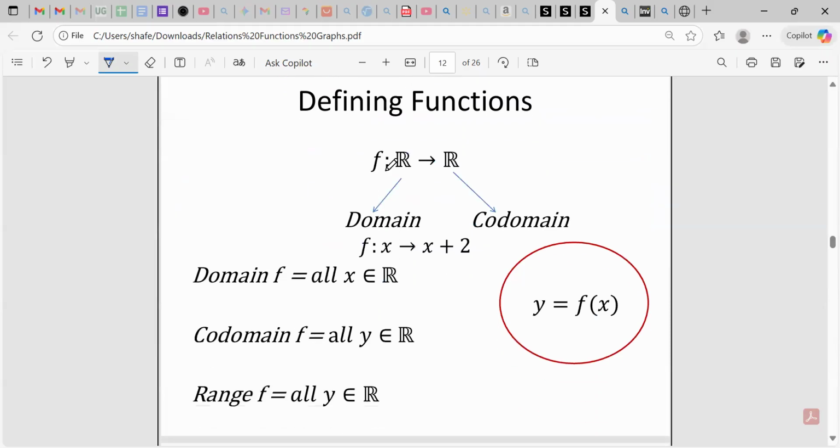So now the F comes in. If a relation is a function, you use this F notation. So you say a function is such that it maps the real numbers onto the real numbers. I know at CXC they usually don't do this.